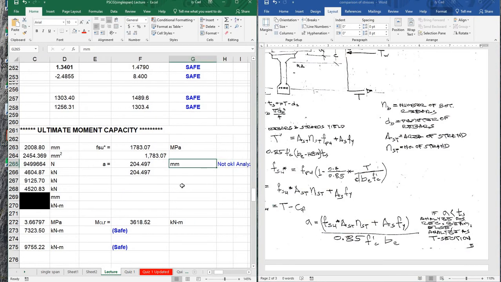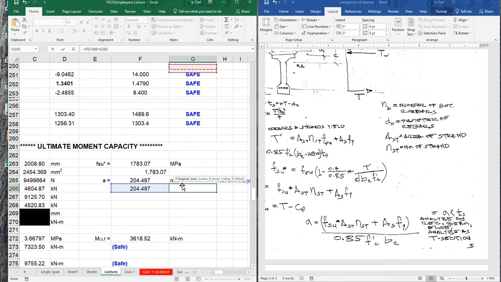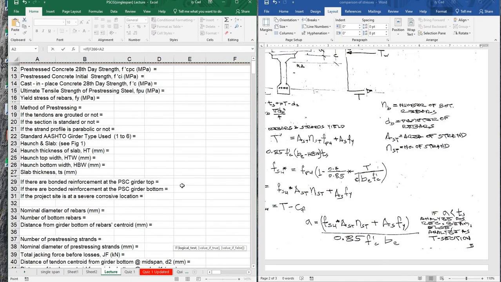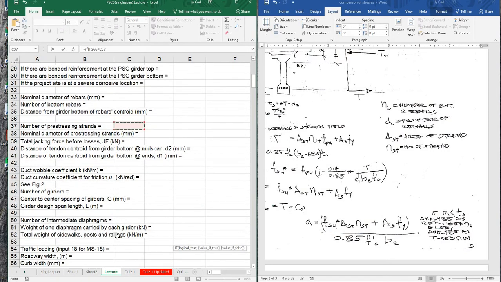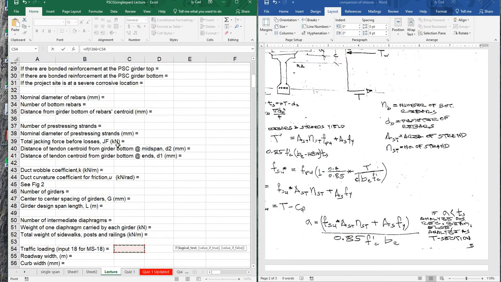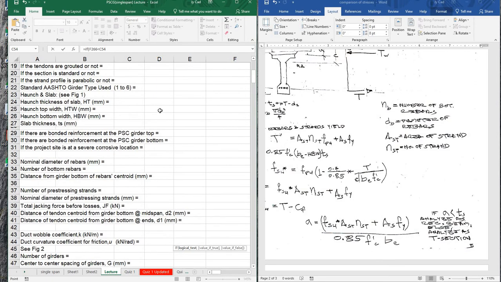Okay? Nasaan ngayon si thickness of slab? If, open parenthesis, A is less than thickness of slab, nasaan si TS?